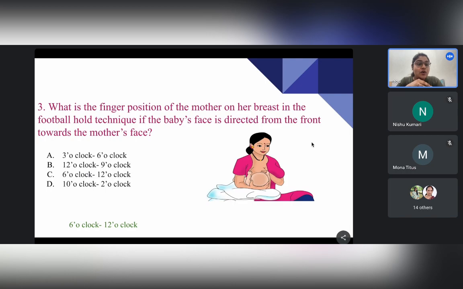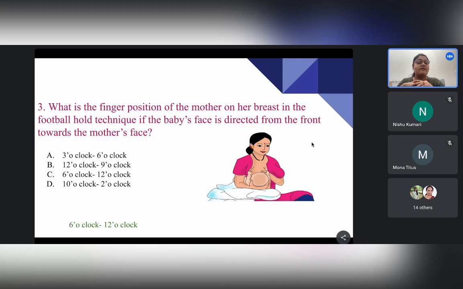So in case of the football hold technique, please remember what we have seen previously as the 3 o'clock and the 6 o'clock position. It was in case of the cross cradle hold position, right? And now when we are considering the football hold position, it is the 6 o'clock and the 12 o'clock position. So please keep in mind the different changes of the hand positions that occur based on the different techniques, right?